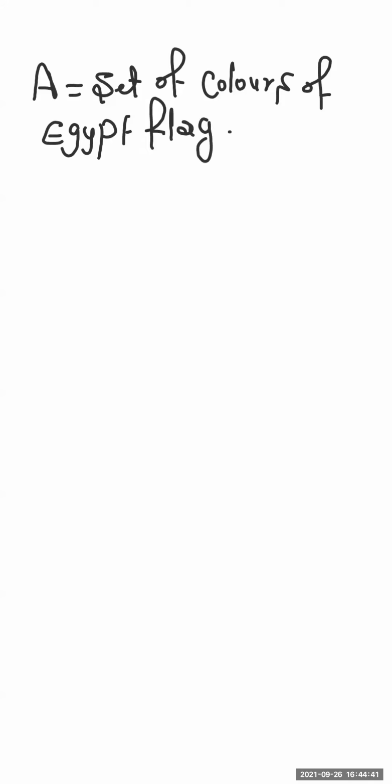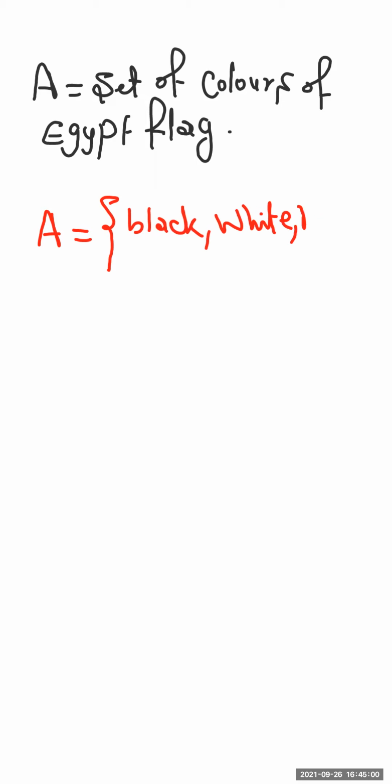So simply, my answer will be as follows. A will equal between two braces, then I will list the colors: black and white and red. That's it. Okay.